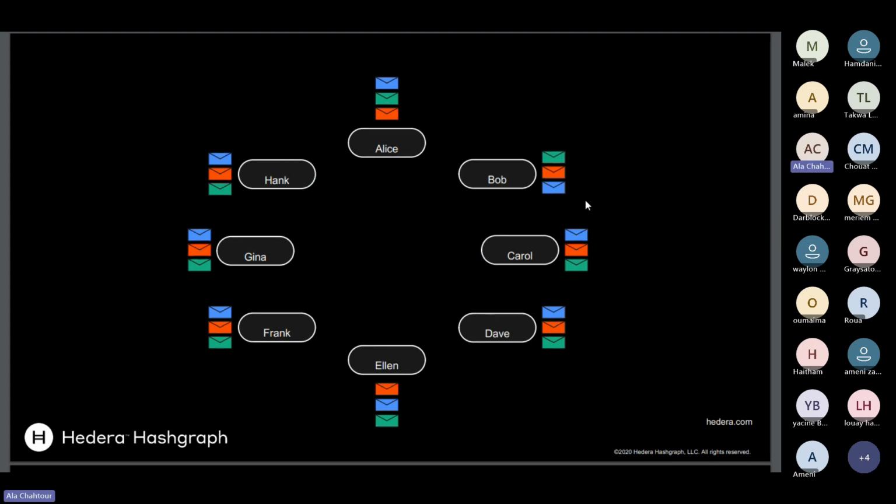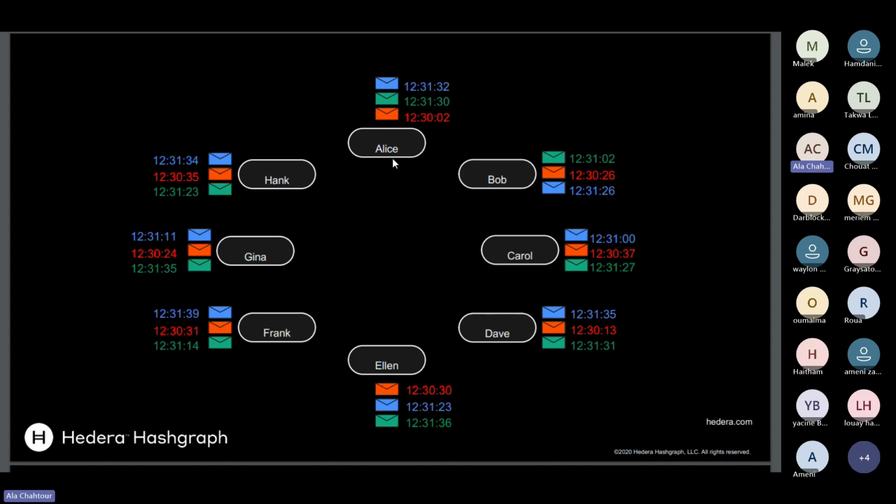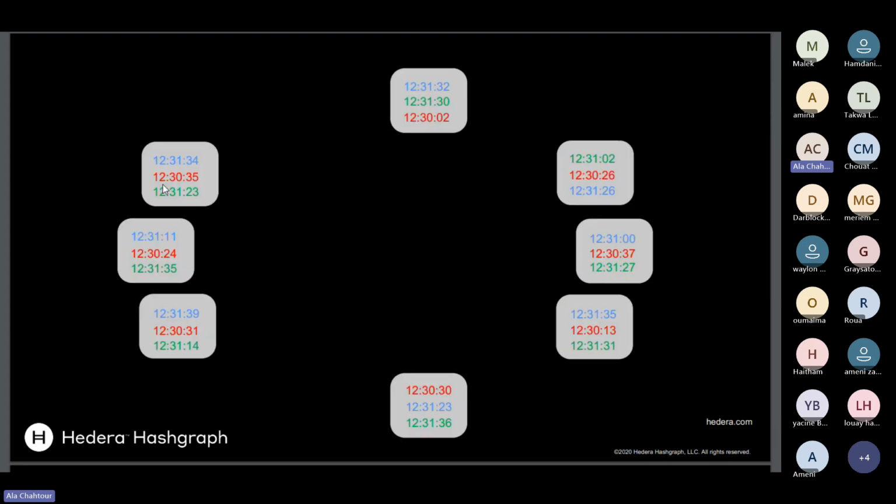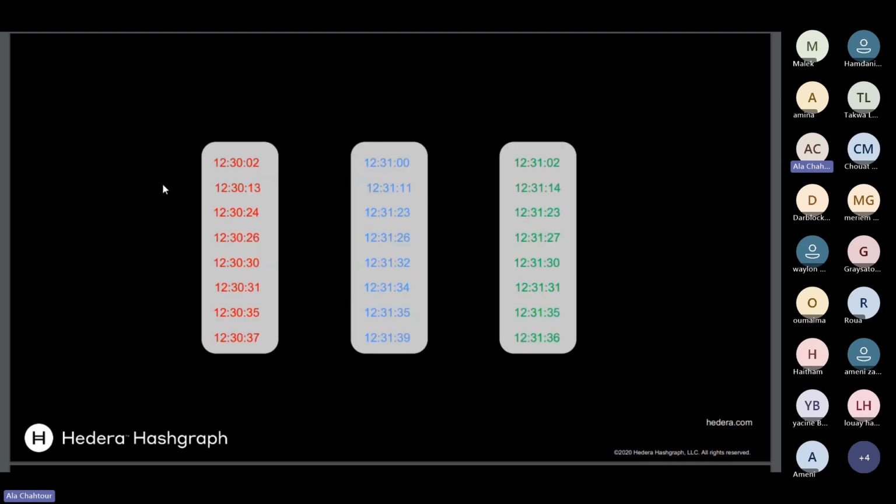All the validators register the time of hearing about the transaction. After that, we can collect all those timestamps and order them, for the red ones, blue ones, and green ones.